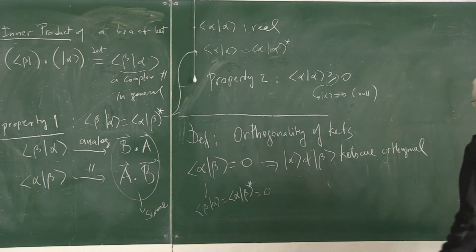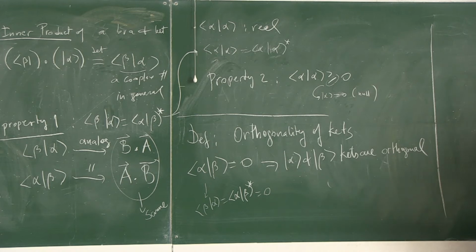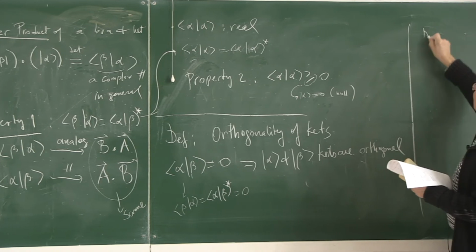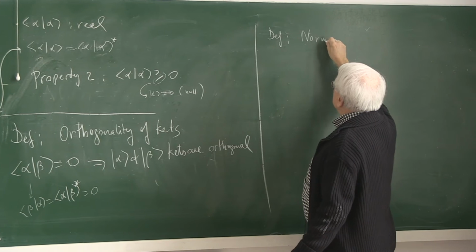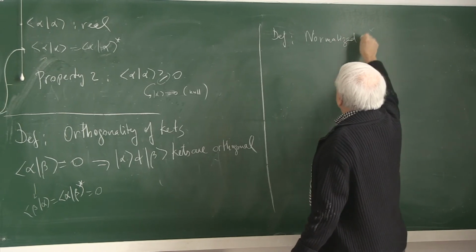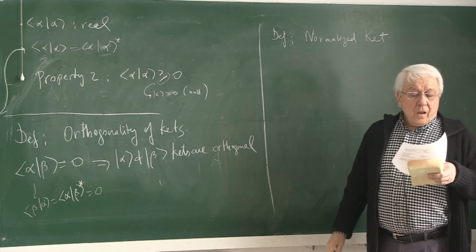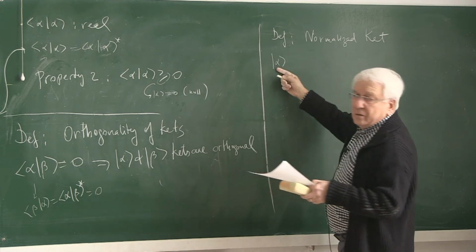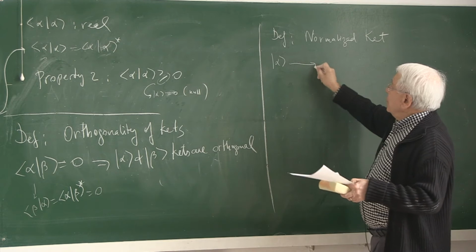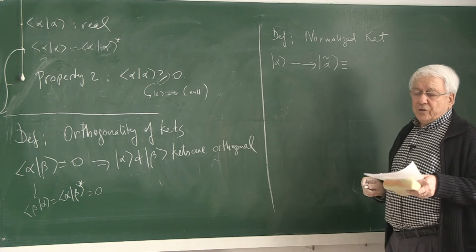Let's introduce another definition. Normalized ket. I define this: start from the given arbitrary ket, go to what I call a twiddle, put a twiddle on top of it.